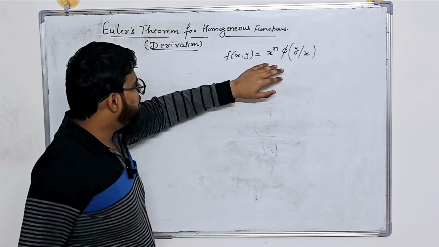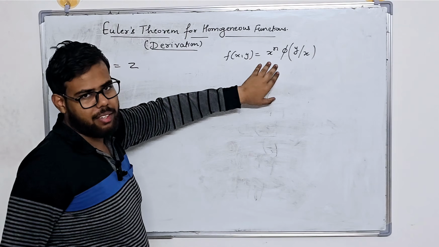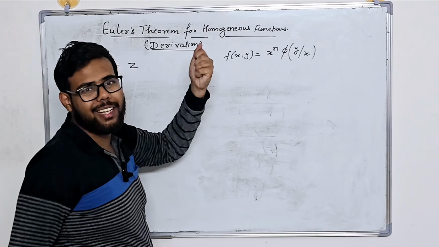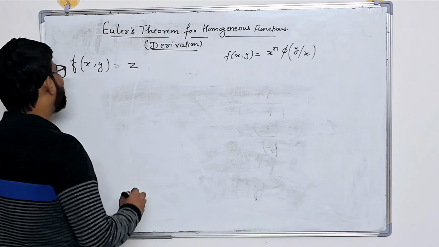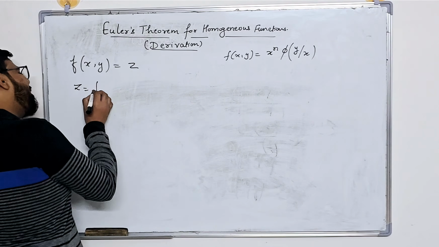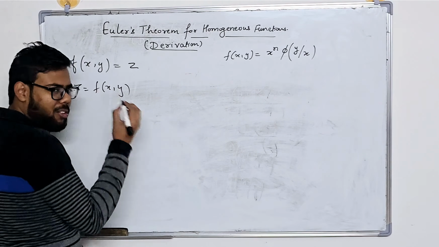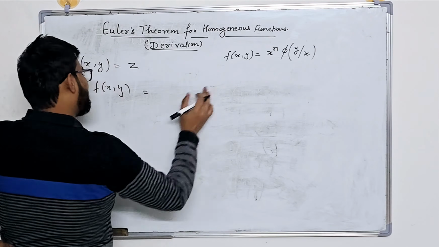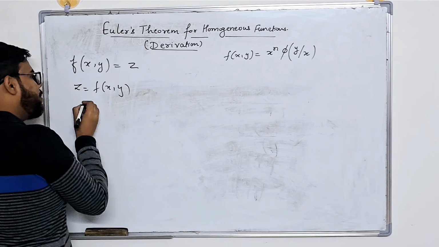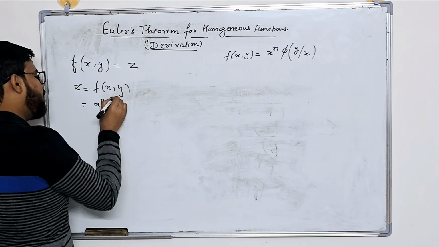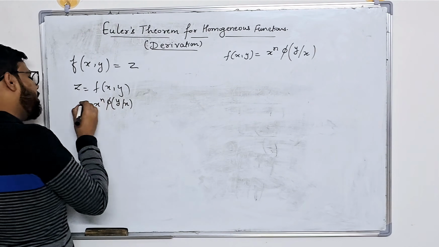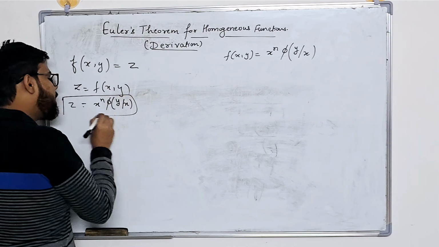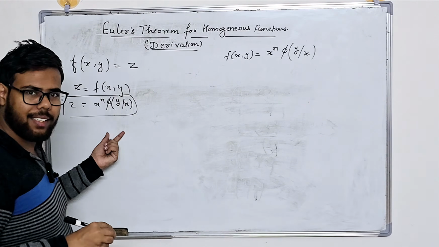Both are same, but I'll be sticking to x, because we are familiar with x a lot. Okay, so z is equal to f of x comma y. You can write it like this. And further, we all know this, so let me write it over here only: x to the power n phi of y by x, right? So we have another expression for z.